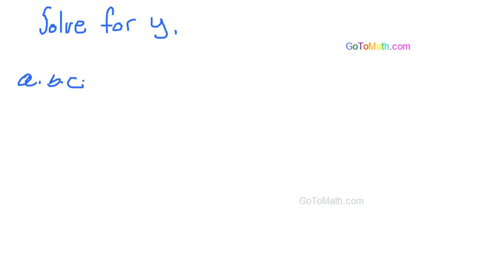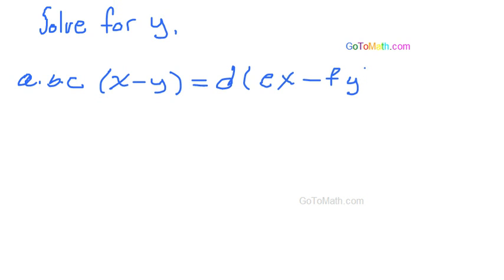I know it looks like ABC, but it's what it is. x minus y is equal to d times e times x minus f times y. And we're wanting to solve for y in this problem.